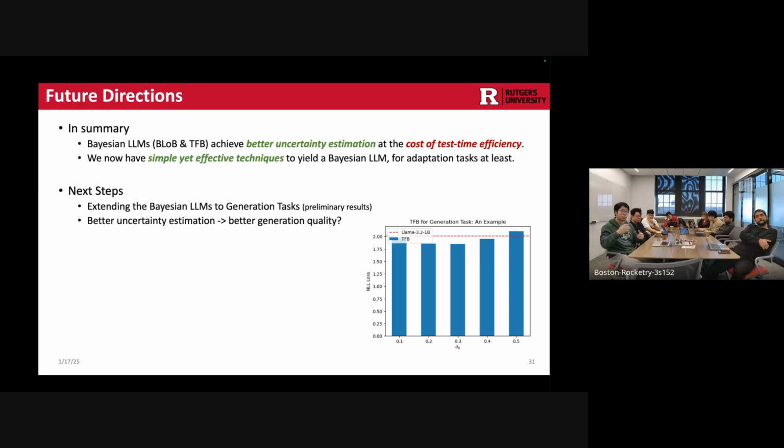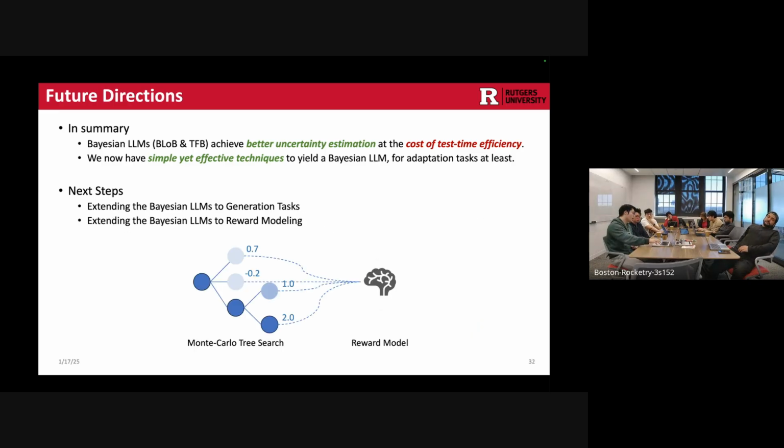But we still haven't looked into the generated examples here, and we're still trying to find a correct benchmark for this kind of application. Another direction worth exploring is having a reward model with uncertainty estimation. We know that test time scaling needs some reward model to guide the search of your generation.